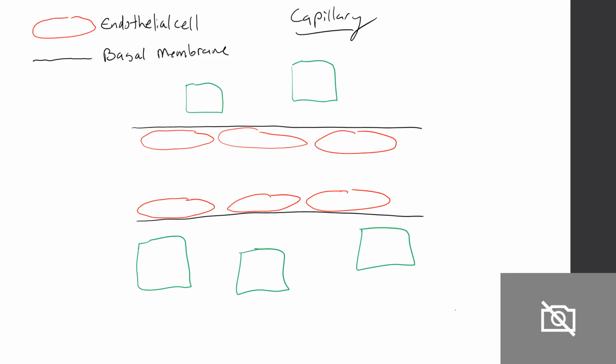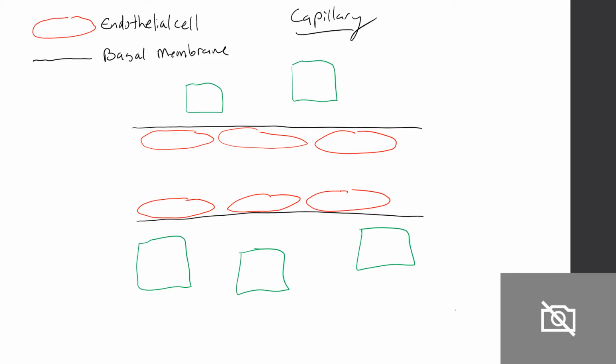Okay, so here what I want to depict is just the capillary. As you can see, I marked over here in the top left-hand corner, the little red circles I drew represent the endothelial cells, and the black line on the outside of the endothelial cells represents the basal membrane. So we're looking at a section through the capillary wall.